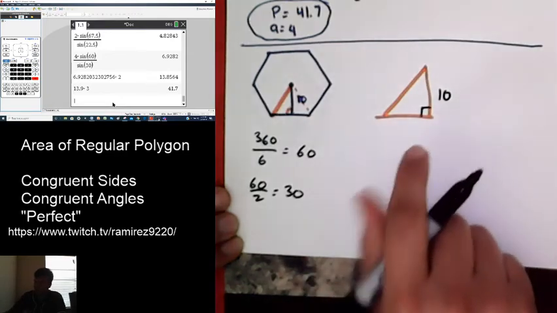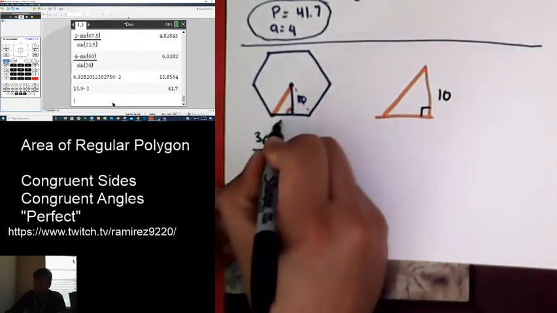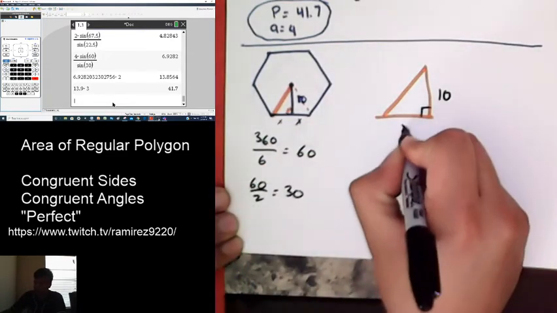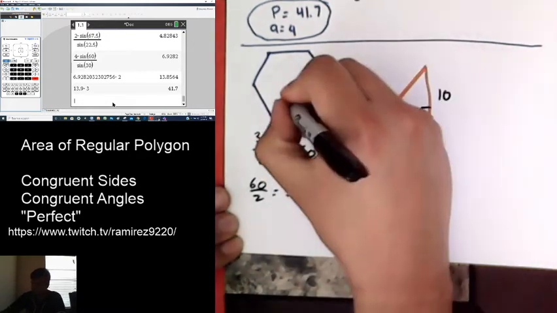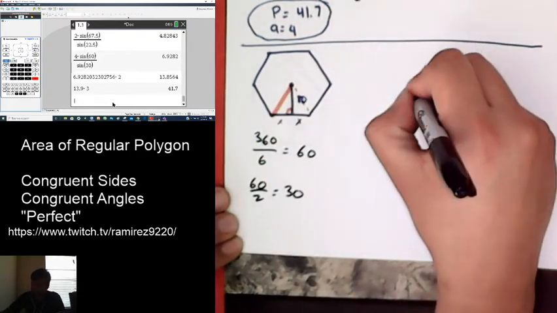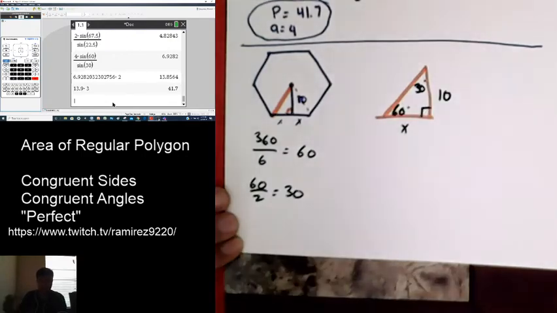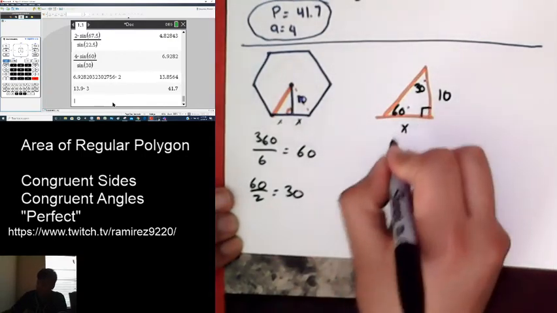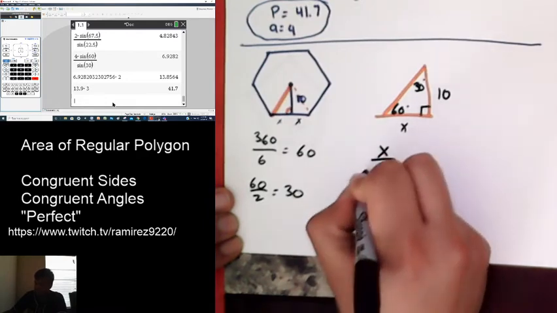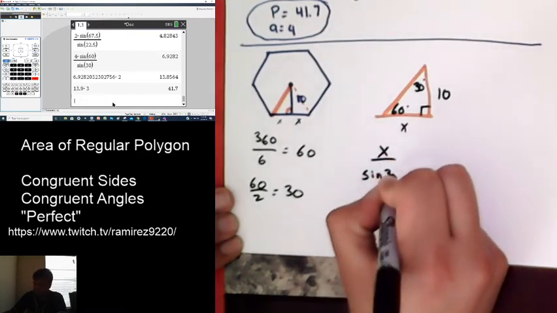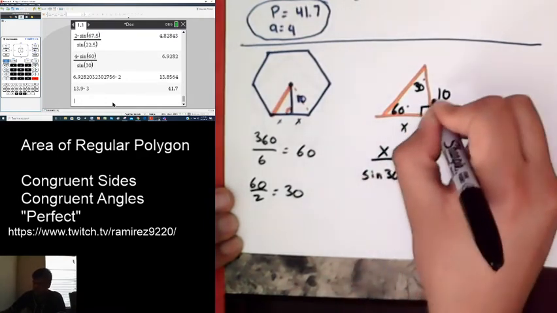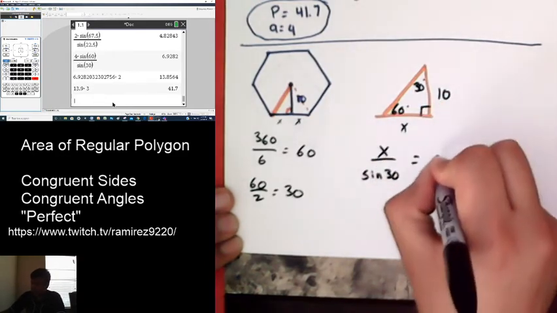I am looking for this little piece right here. I know that the angle that goes up here, make sure you put the angle in the correct location. Put it in the wrong place, you're going to end up with the wrong relationship. And so the x goes with the 30, and the 10 that we know is across from the 60.